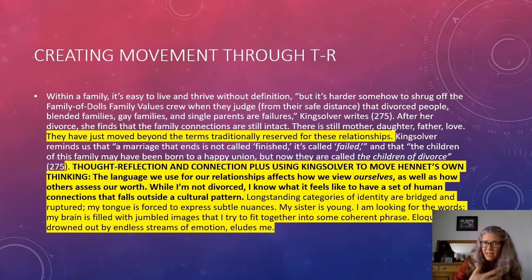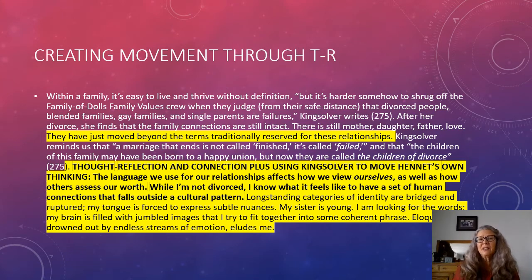So she's pulling out of Kingsolver, but she's creating movement by using Kingsolver and applying Kingsolver to her own situations. We see the connection again. While I'm not divorced, I know what it feels like to have a set of human connections that falls outside a cultural pattern. Long-standing categories of identity are bridged and ruptured.